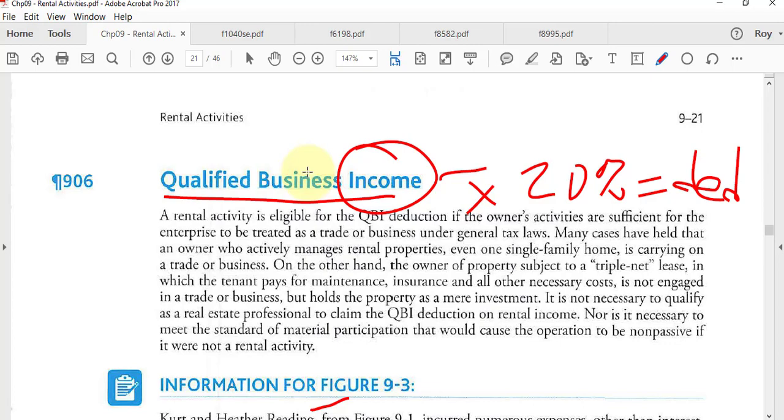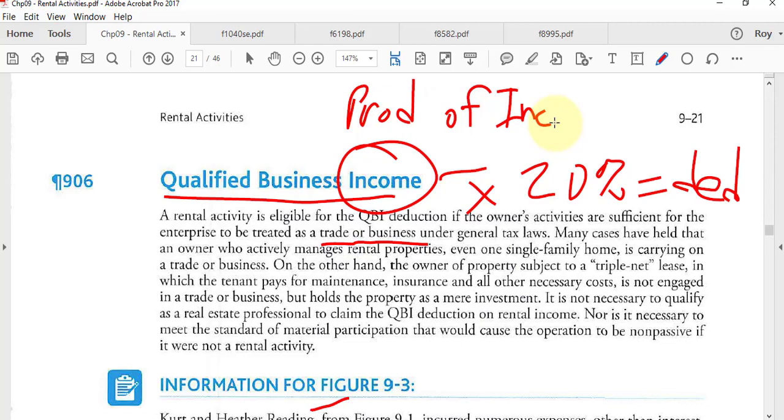Now, our textbook here in this short paragraph kind of makes it seem simple that landlords can claim this deduction. That's not technically true because rental property is not generally treated as a trade or business. The term we use for rental property is a production of income activity.